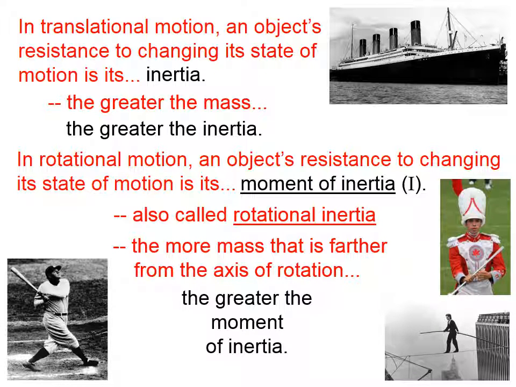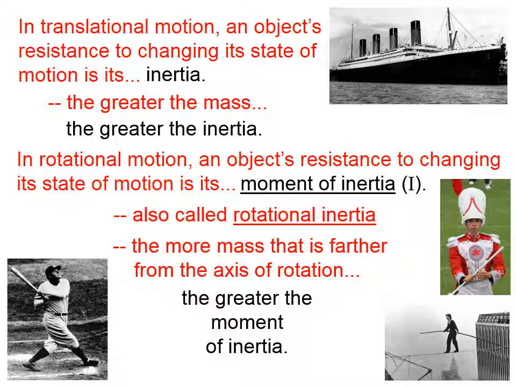So, when an object is rotating, it can be rotated about several different points. The baton twirler, for example, if he holds the baton at the center, there is a certain amount of mass of the baton that is a certain distance from the center. If he holds it at the end, there's more mass of the baton that's farther from the rotational axis.